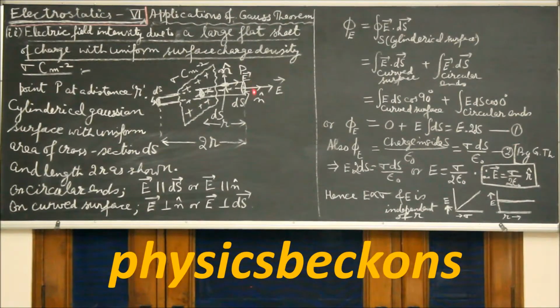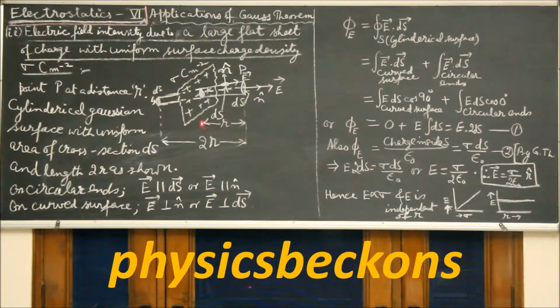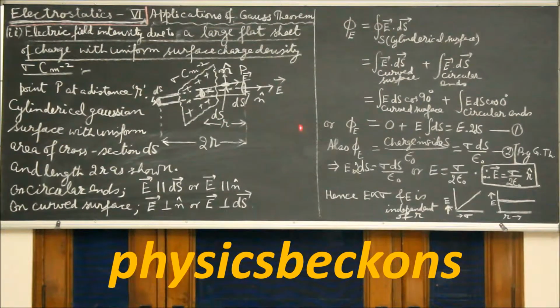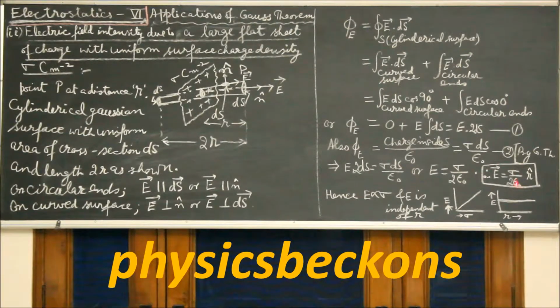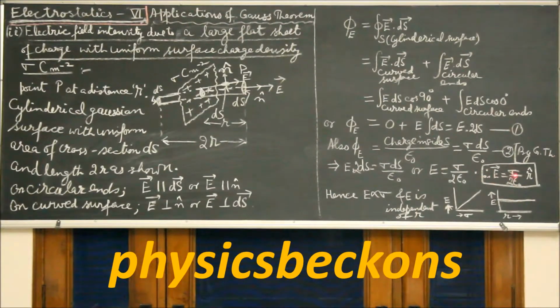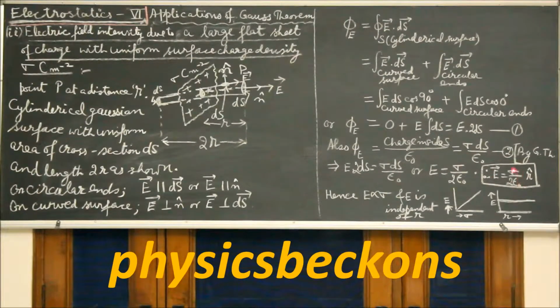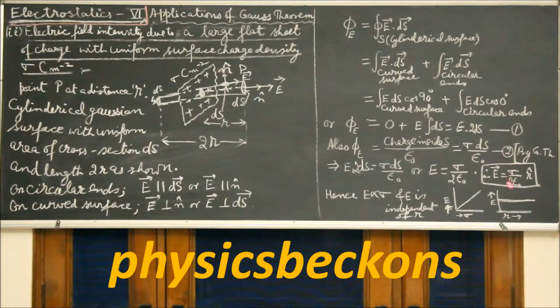At point P, the field is towards the right along the direction of vector r. So we can write it as E equal to sigma over 2 epsilon naught r cap. A careful study of this expression shows that E is directly proportional to sigma and E is independent of r. We don't have r in this expression.